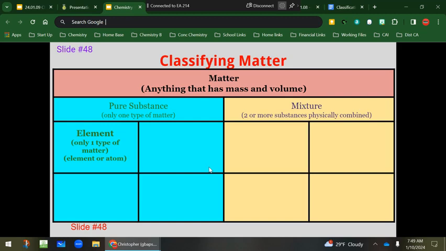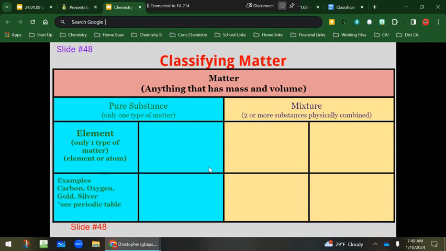Now, when it's large enough that we can see it, we will normally refer to it as an element. If it is so tiny that we cannot see it, the individual piece is called an atom.